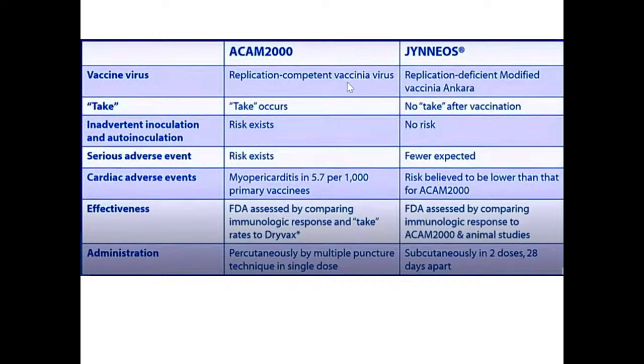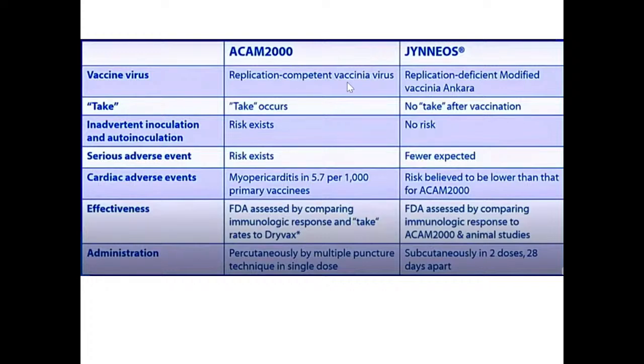vaccines were developed. ACAM 2000 is also live Vaccinia virus, but grown in cell culture, not in cows. And usually vaccination with the Vaccinia virus can lead to some complications.